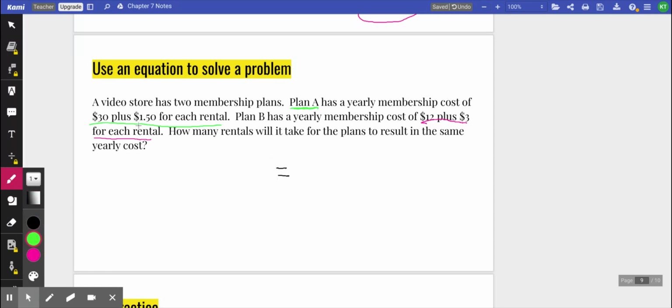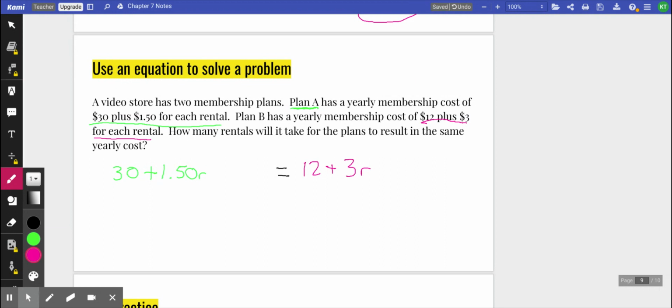So for plan A, if I just read through this, it's $30 plus $1.50 per rental. So I'll say that's R. And then plan B has $12 plus $3 for each rental.